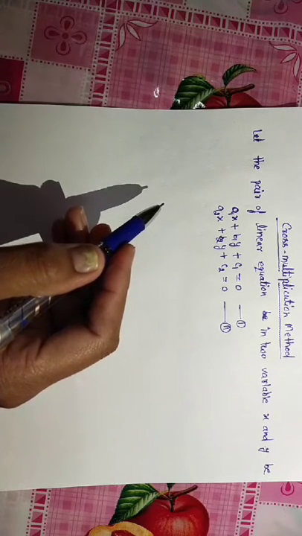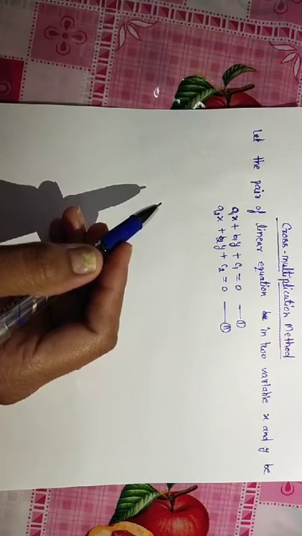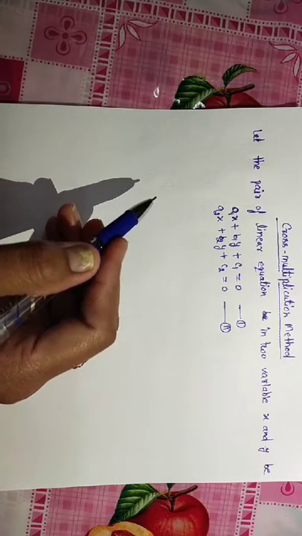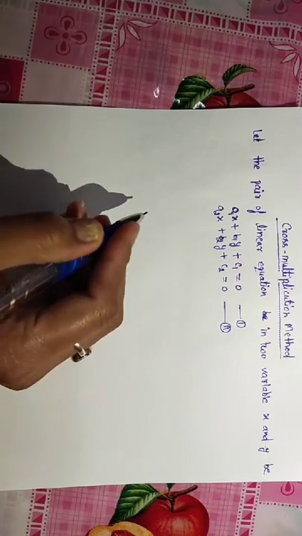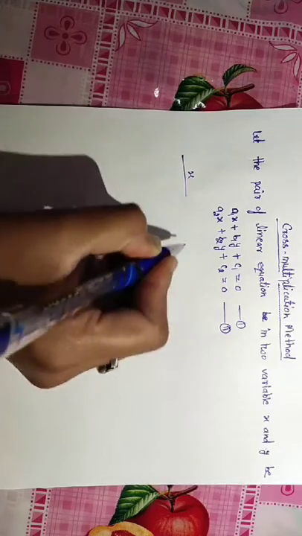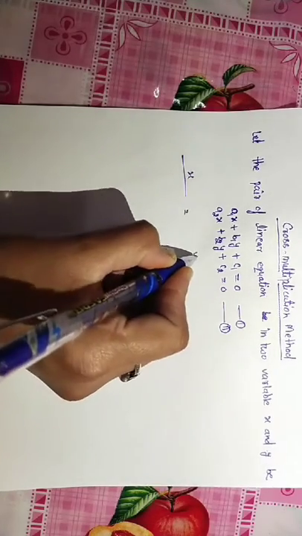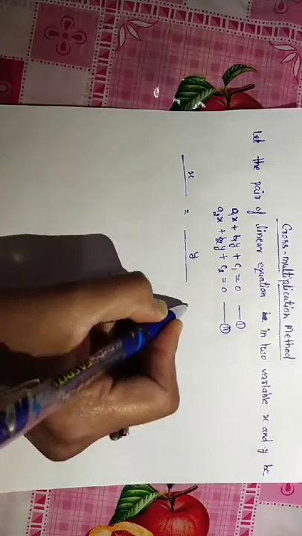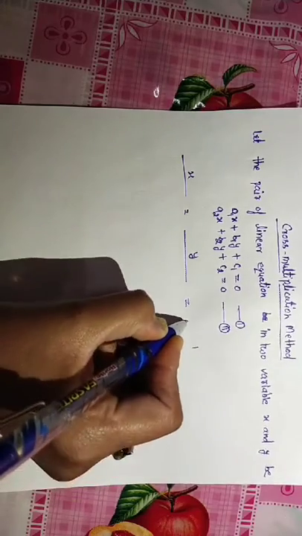For solving this pair of linear equations by cross multiplication method, first we write like this: x upon, y upon, equal to 1 upon.